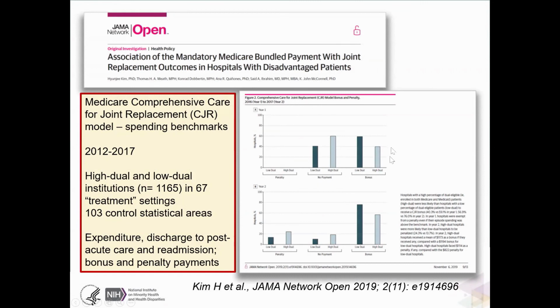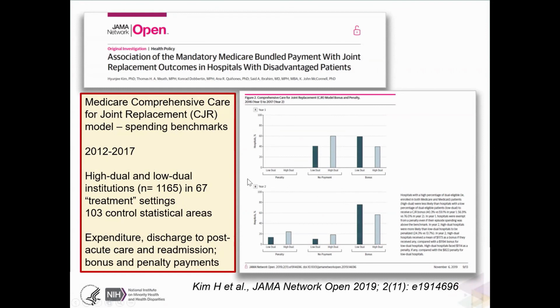They found before the implementation of the policy that hospitals that serve a high number of dual eligible patients were receiving a lower amount of bonus from Medicare than hospitals that are serving a population with lower numbers of dual eligible patients.